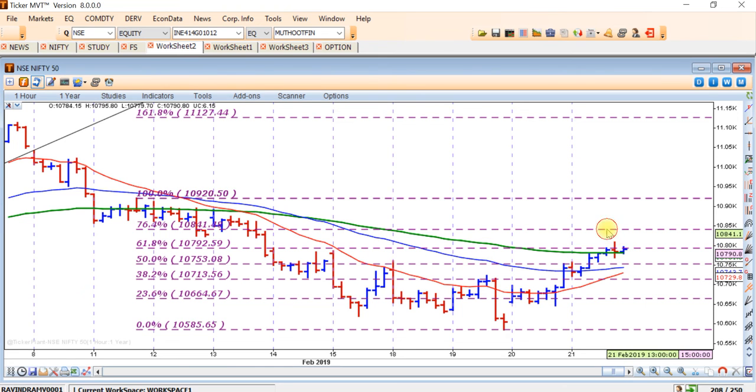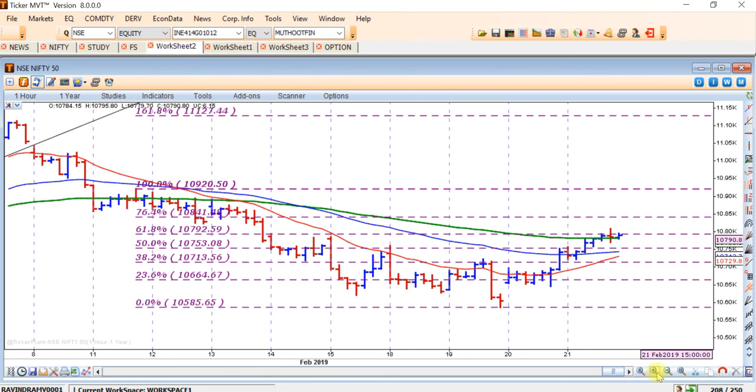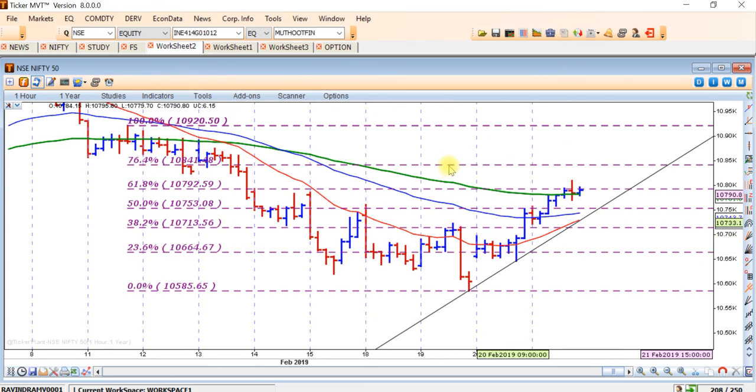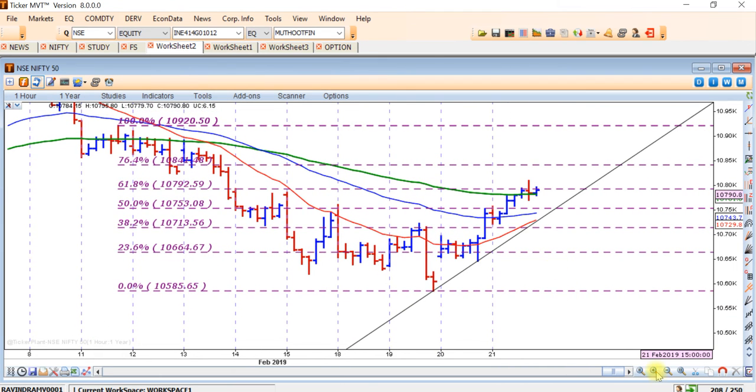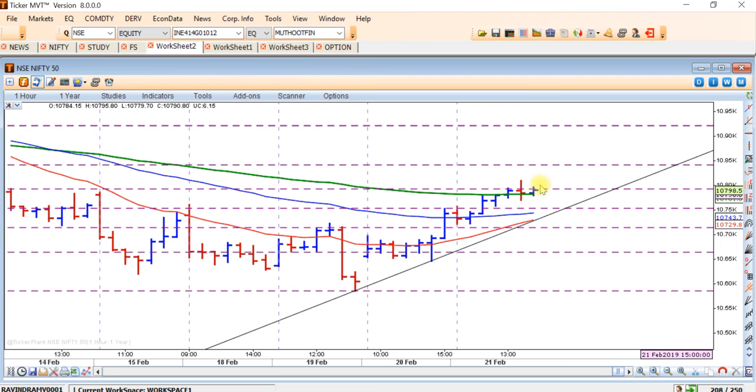To confirm that, I'll plot a trend line. For that I have taken this swing low and this swing low, and this is the current trend line. I am expecting the market to correct, and this correction can take it till this trend line which I have just plotted.